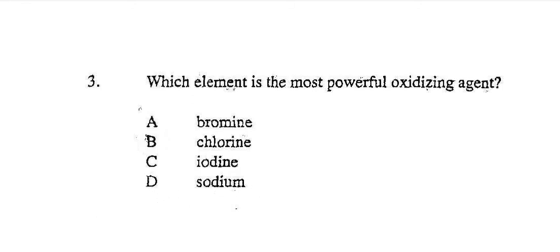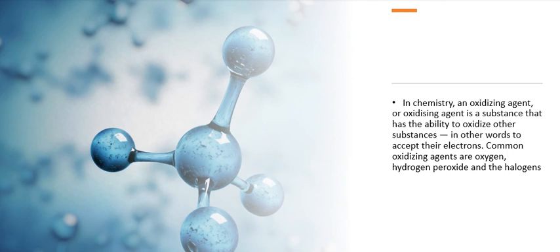So first look at what it means. In chemistry, an oxidizing agent is a substance that has the ability to oxidize other substances. A substance which can oxidize other substances is an oxidizing agent.